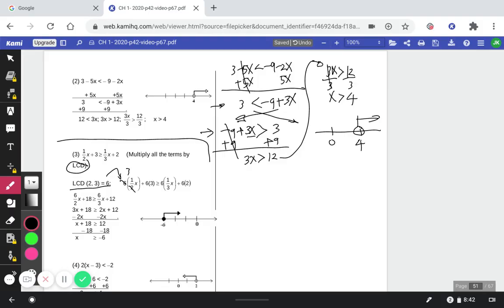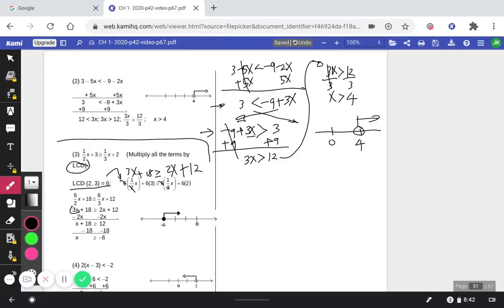So you end up with a 3x. And 6 times 3 is 18. Bigger than or equal to. This 3 and this 6 go into 6 two times, so 2x plus 6 times 2 is 12.